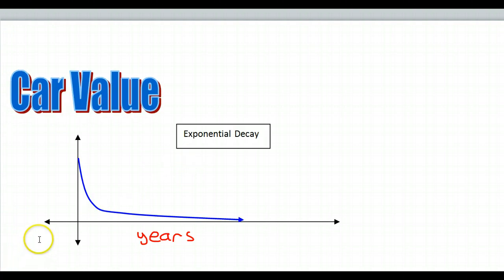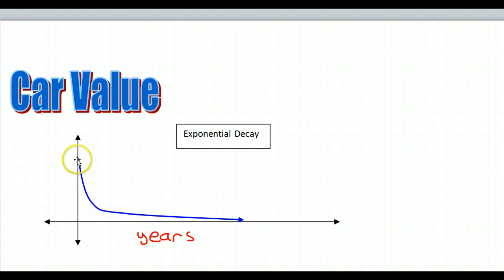A good example of exponential decay would be the value of a car. When you first buy a brand new car, when you drive it off the lot, maybe that car is worth $30,000, $40,000, whatever that car is.